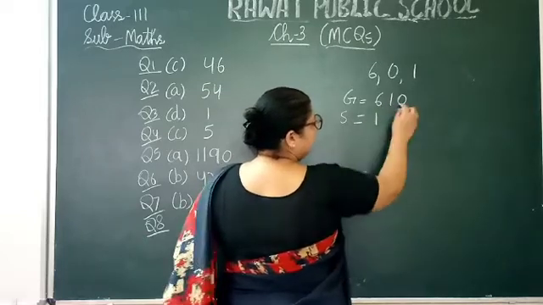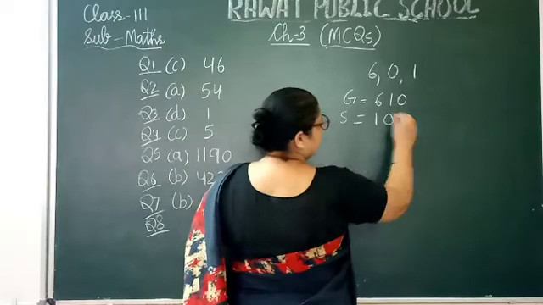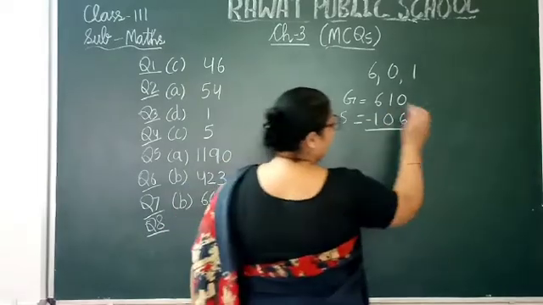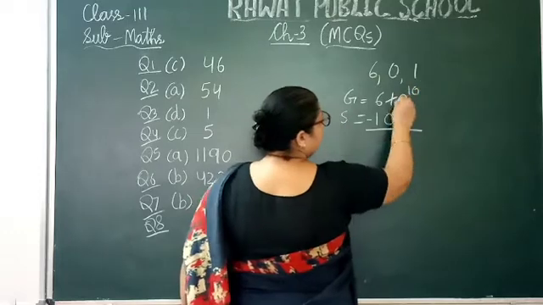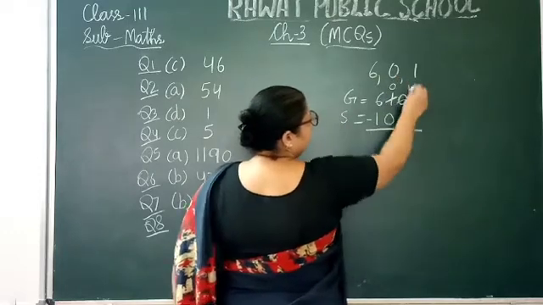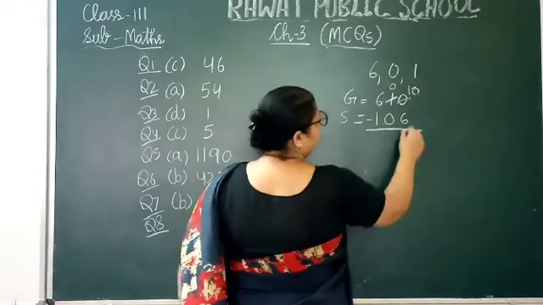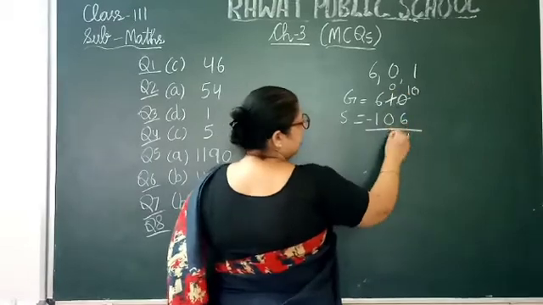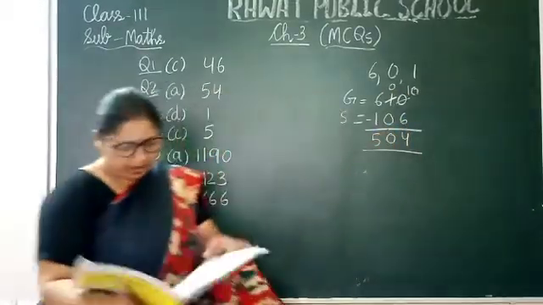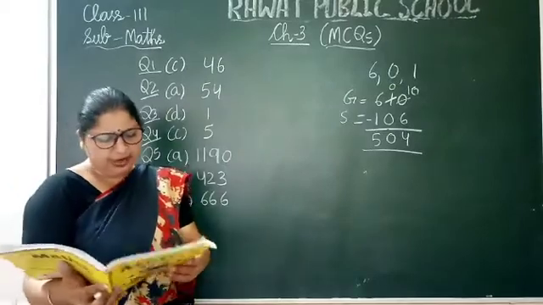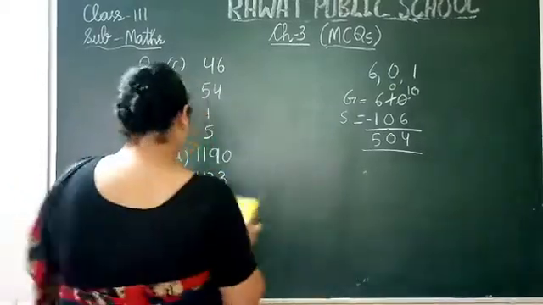First we write 1, then 0, then 6. So what is the difference now? Subtract it. Take carry from here. This is 10 and this is 0. 10 minus 6 is equal to 4. Now 0 minus 0 is equal to 0. 6 minus 1 is equal to 5. So answer is 504. Option number A.